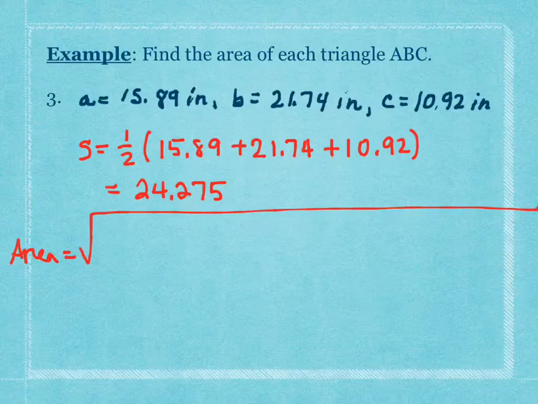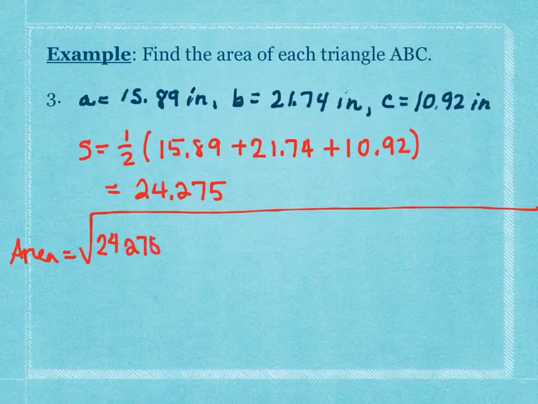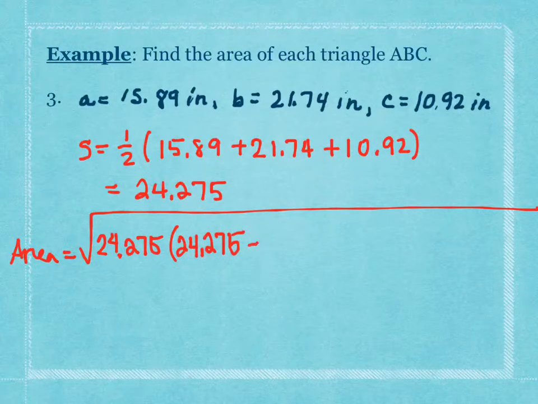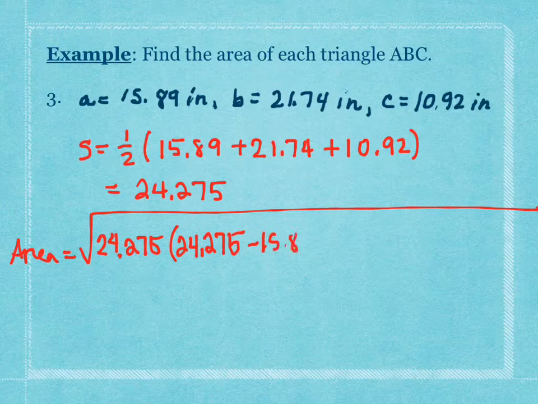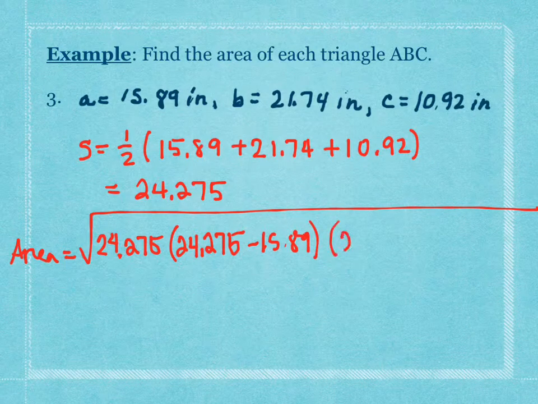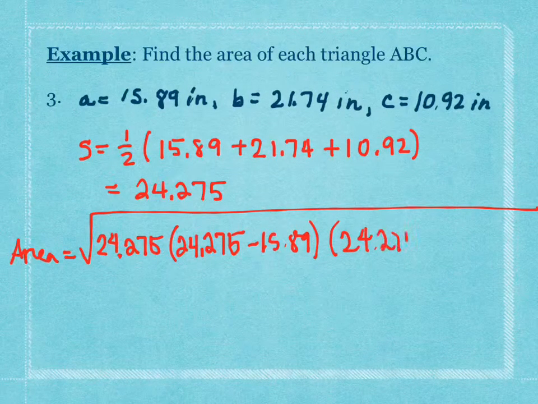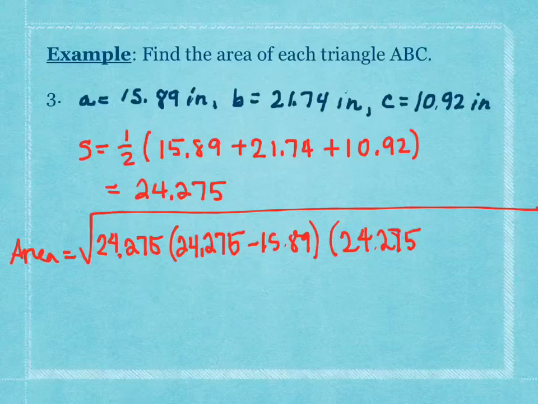Because I've got a square root. I've got S, which is 24.275. I've got that same 24.275. I have to do minus A, which was 15.89. Again, that same 24.275 minus B, which was 21.74.